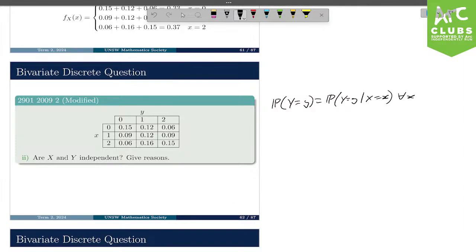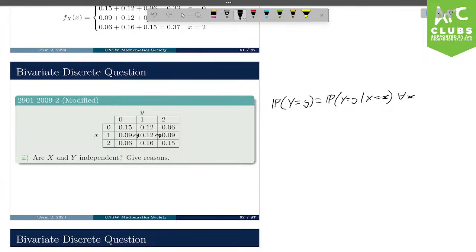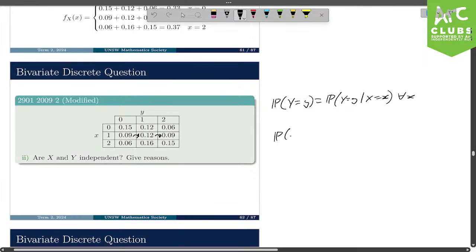And so, what I do here is I compare ratios. Ratio testing is a little trick that we can use here. Because if I look from here to here to here to here, it tells me that if x is 1, then the probability of y being 0 is the same as the probability of y being 2, all given x equals 1 this time.